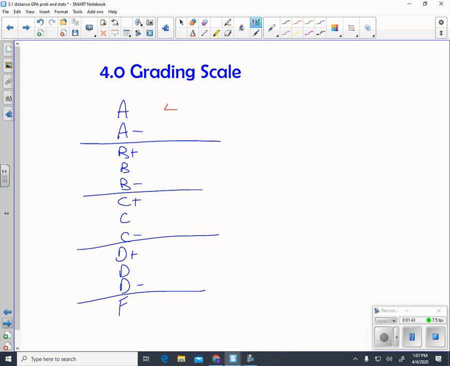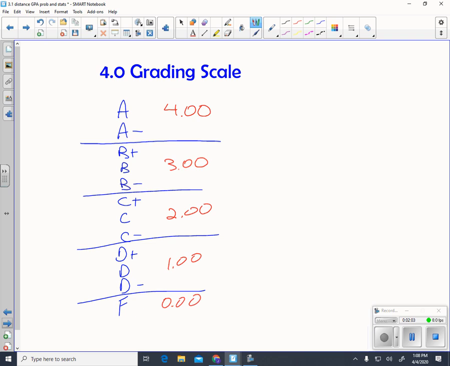I know that you know an A is 4.0, and I'm not sure if you knew that a B is 3.0, and that pattern continues. So a plain old vanilla flavored C is 2.0, a D is 1.0, and an F is 0.0.